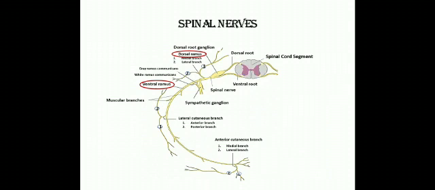The dorsal ramus again divides into the medial and the lateral branch. The ventral ramus gives the lateral cutaneous branch, which gives the anterior and posterior branch, and the anterior cutaneous branch that gives the medial branch and the lateral branch.